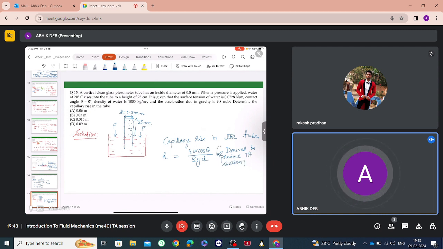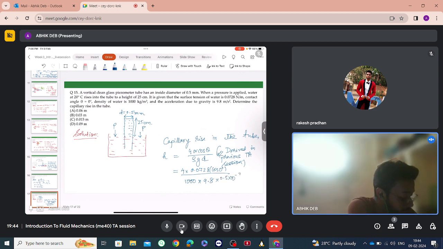If you have any doubt in that, you can go back and see that derivation. So here the contact angle theta is given as 0 degree, sigma is 0.0728, cos of 0 degree is 1, density is 1000, g is 9.8, and d is essentially the diameter, that is 0.5 into 10 to the power minus 3. So we get this to be 0.06 meters.